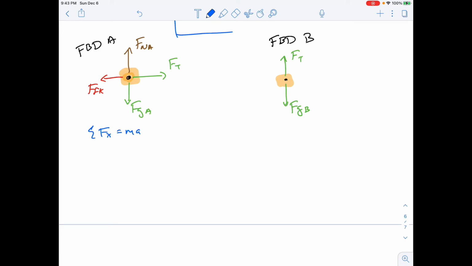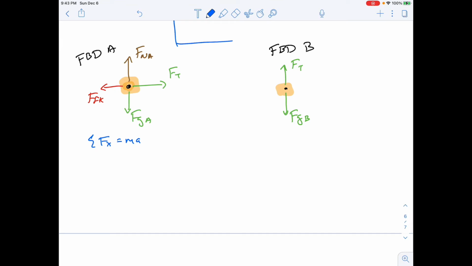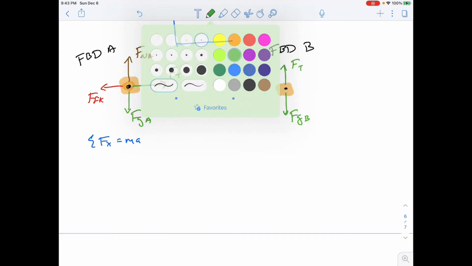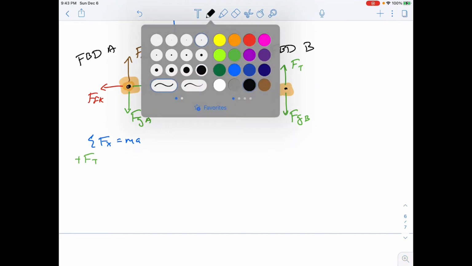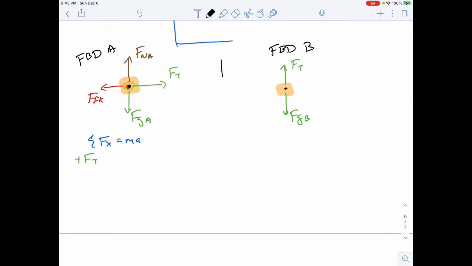So, in the x direction, we realize that block A is going to accelerate. We're going to say that tension, and we are going to make the generalization that positive is upward and positive to the right, normal coordinate plane.